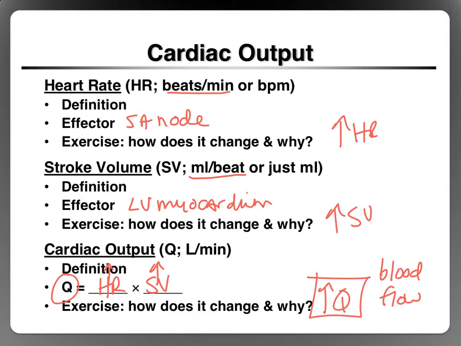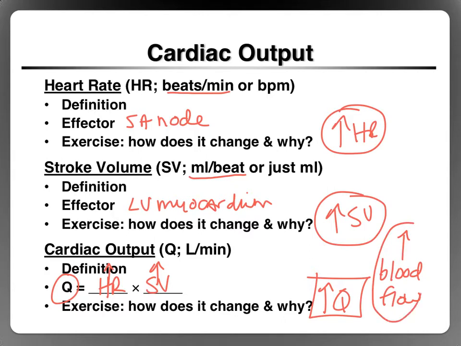So we need an increase in blood flow during exercise. So together, an increase in heart rate and an increase in stroke volume results in greater blood flow per minute in the body. Cardiac output is usually expressed in liters per minute, not milliliters per minute. So you would have to take that value and convert it into liters.